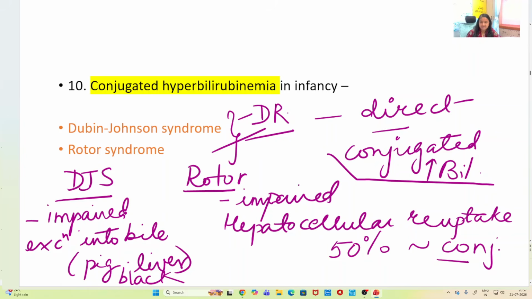In Rotor, the liver is normal. So this is one of the other differentiating features, and you should remember this, as this is important from the exam perspective.